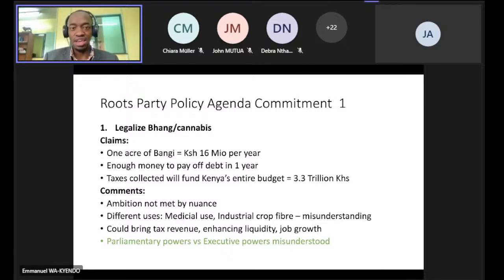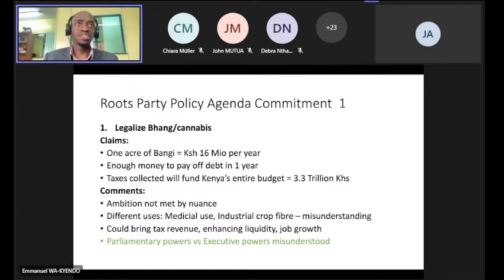Well, on the one hand, information about the debt is commonplace, and people are also feeling the pinch in terms of the tax burden, because taxes need to be used to repay the debt. So the Roots Party does get points for feeling the ground for what's going on and trying to propose a solution. Is the solution viable?